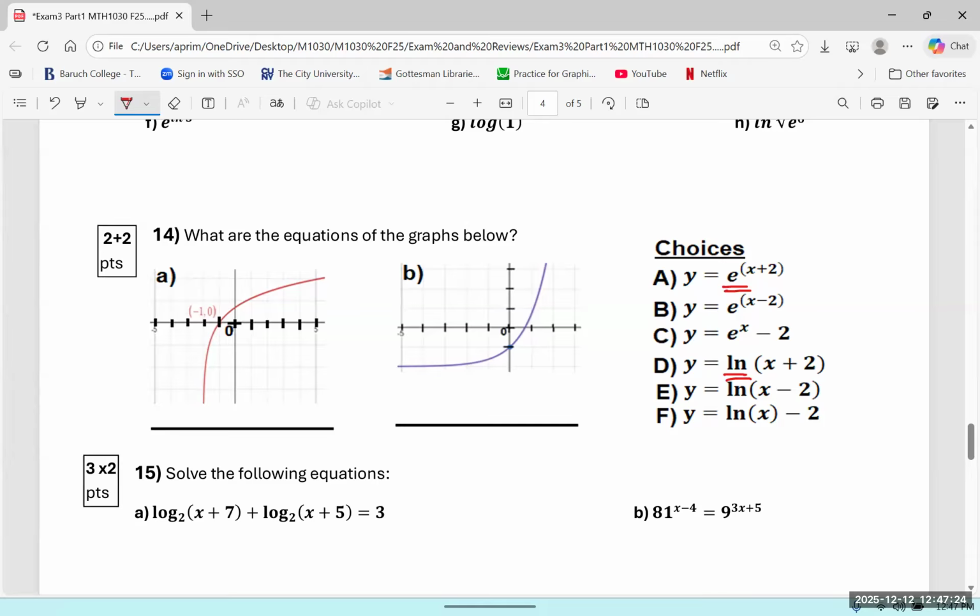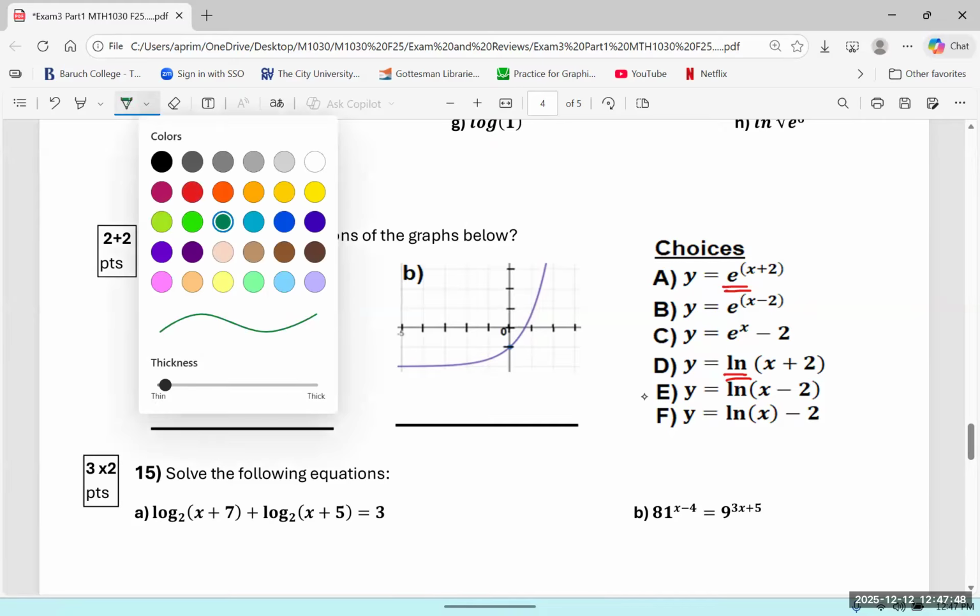None of them have a negative sign in front or in front of x on the power. So there is no reflection. It's the original graph, either moving left, right, or up, down. So is the shape for A a logarithmic shape or an exponential shape? Log.